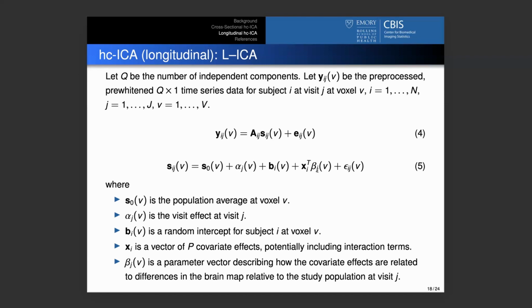So no longer will there only be one set of, say, age effects. Instead, there's an age effect at visit 1, age effect at visit 2, and so on. So that's the main way that this model differs from the cross-sectional ICA model: the incorporation of this main visit effect alpha, subject-specific random intercepts, and then visit-specific covariate effects.